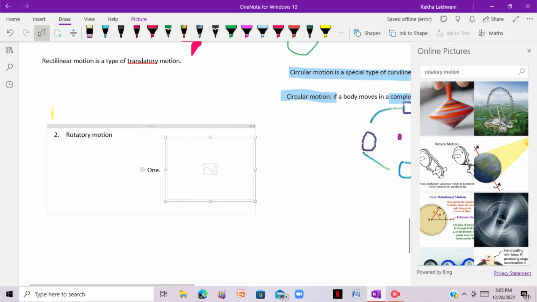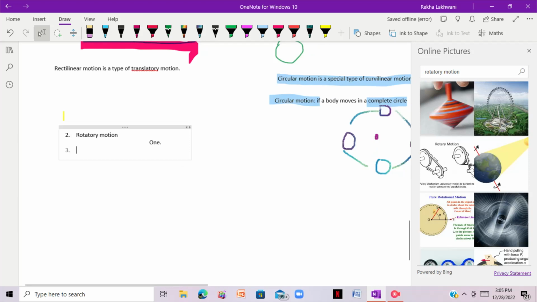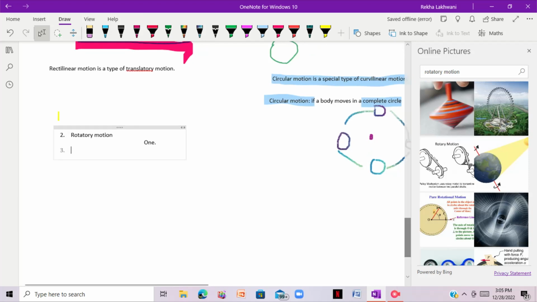For example, Earth rotates on its own axis, right? This is an example of Earth, and Earth basically rotates about its own axis. So the example is Earth rotates. You can see over here how the Earth is rotating, right?